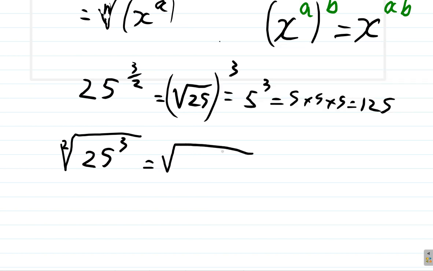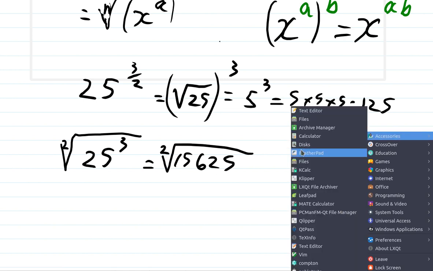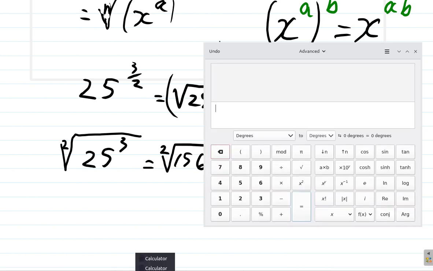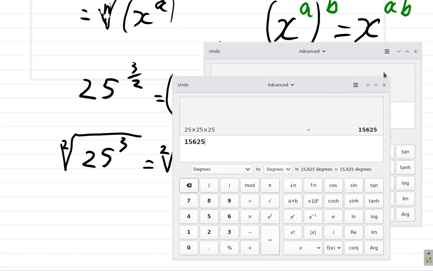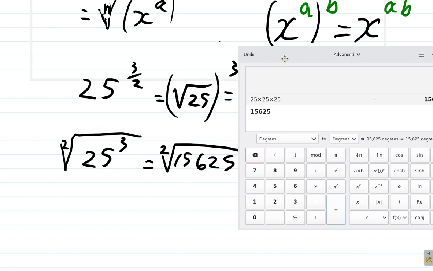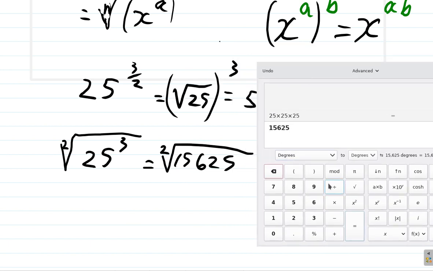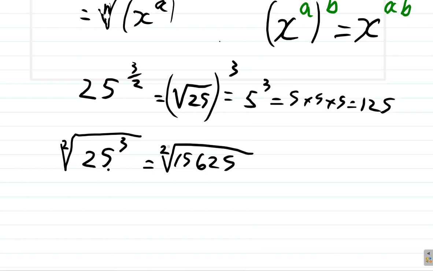You're going to find the square root of 15,625. You have some very big numbers to deal with. Let me go back to my calculator. The square root of this equals 125, and you get your 125.